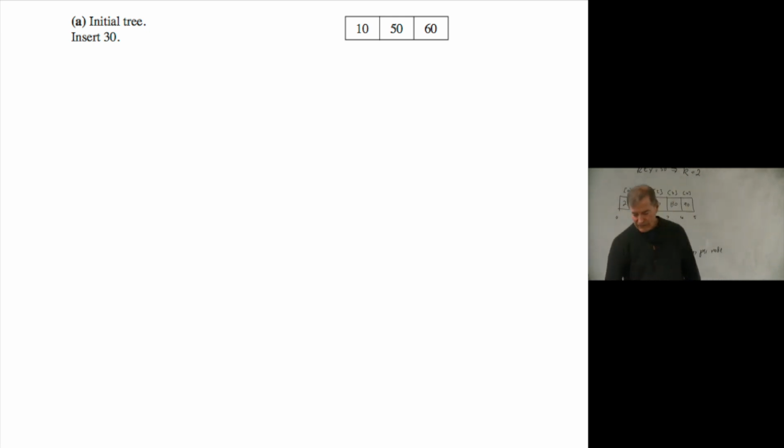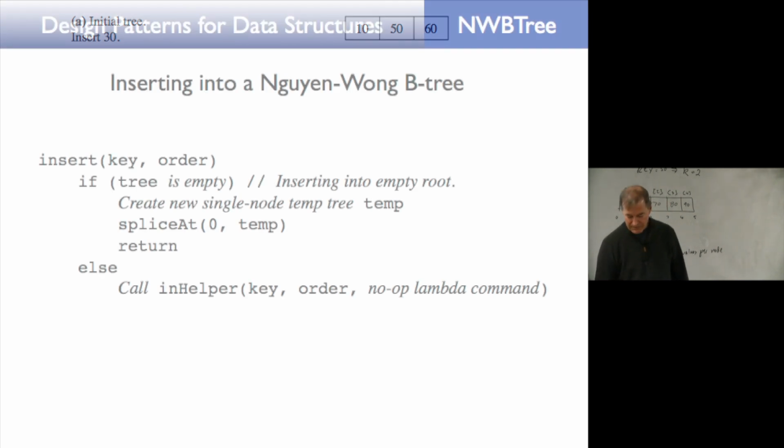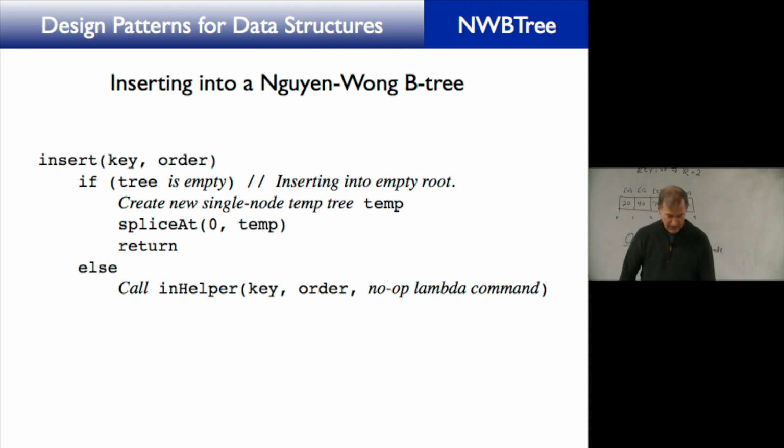Now, I don't want to have to go back to that code, so let's refer to our reference sheets here. Okay? So what's the first thing that happens? The tree is not empty, right? So we call the helper with the no-op command.